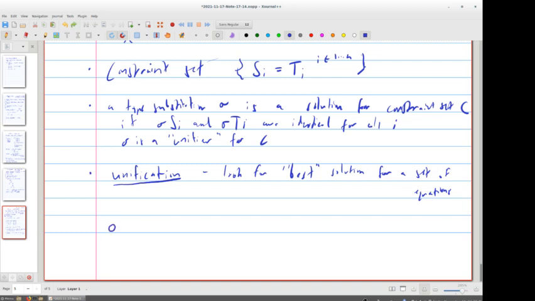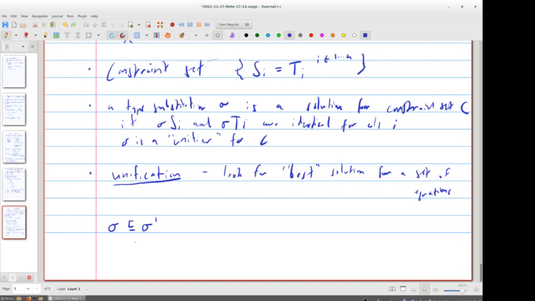Suppose you've got two type substitutions, sigma and sigma prime. I'll say that sigma is less than or equal to sigma prime, and I'll write it with a little square thing. So we're going to define an order relation on these.